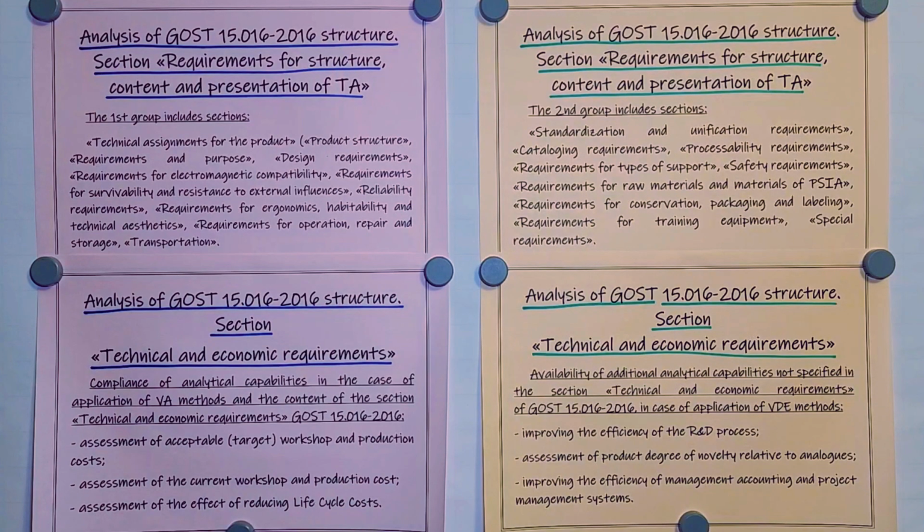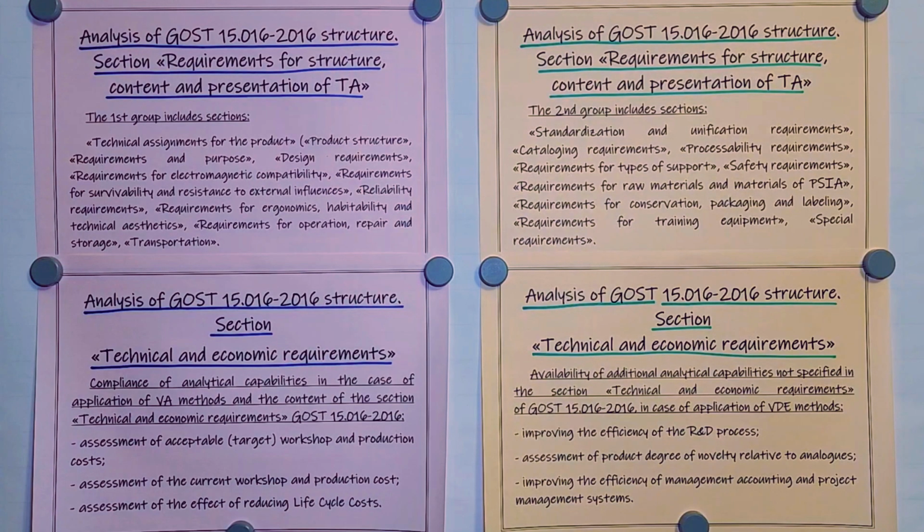In addition, it can be concluded that in the technical and economic requirements section of the technical assignment, there are no requirements for the effectiveness of the R&D process. In particular, the effectiveness of the design engineering documentation development process, in accordance with the target value of production cost.